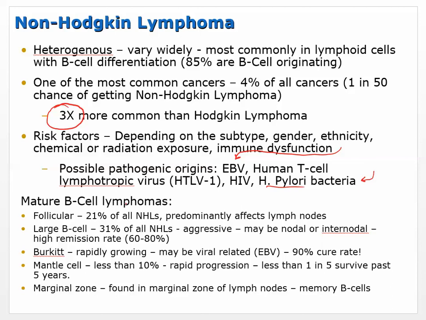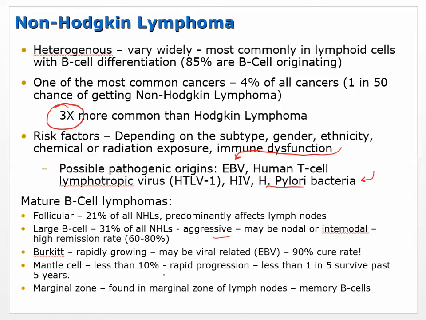All right, and so here are some characteristics of these lymphomas. Follicular, which means that it's those little follicles where mainly B cells are found. Large B cell tend to be aggressive, so maybe nodal, internodal, so it could be the node or between the nodes in the follicles.